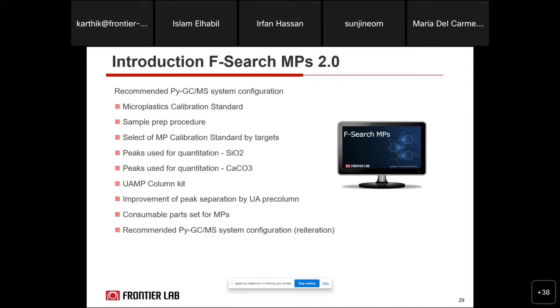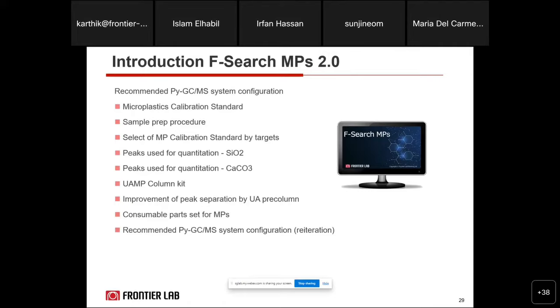The third one is the glass insert with the packing material that improves the peak shape of these polyethylene type polymers, so that your integration and also the quantification will be more precise. And the fourth one is the calibration mixture. So these are the main hardware that are required for this microplastic analysis.